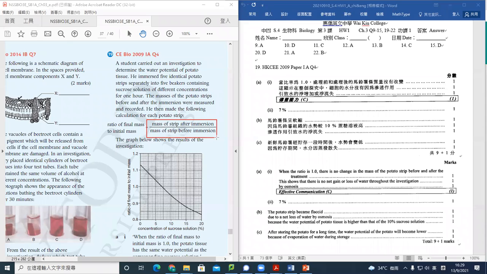The mass of strip before and after immersion into this sucrose solution, when it equals to 1.0.